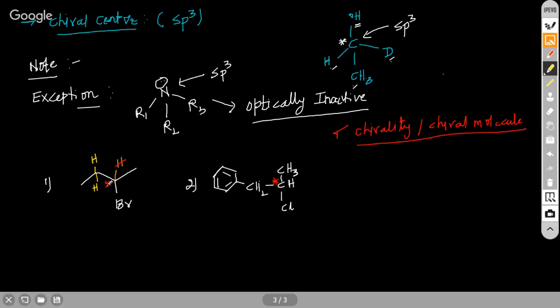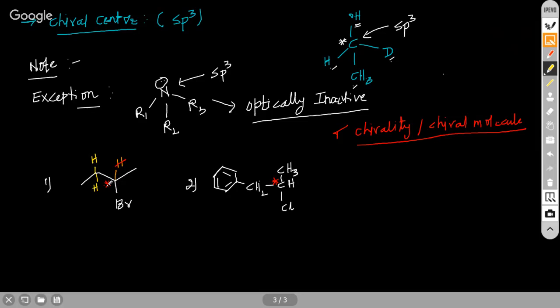Chirality is the property of a molecule by which it cannot be divided into two equal halves. Wrote.